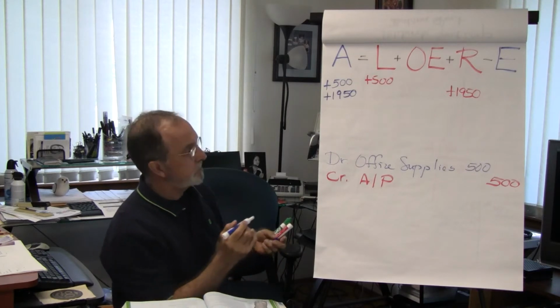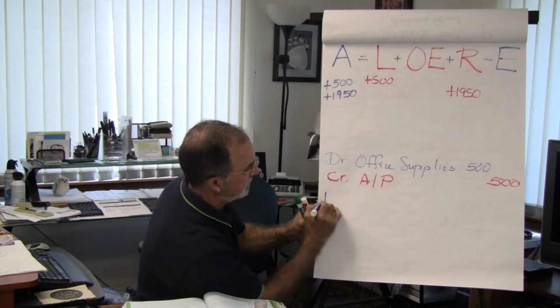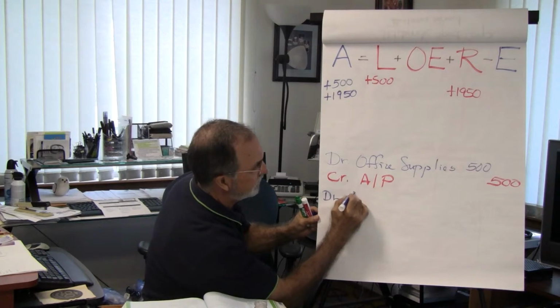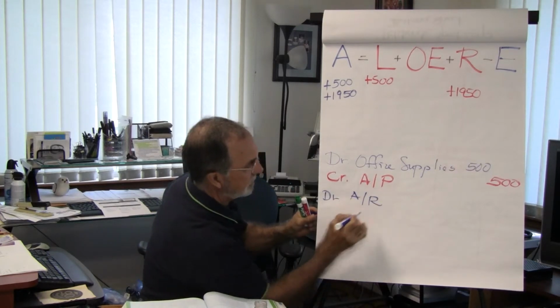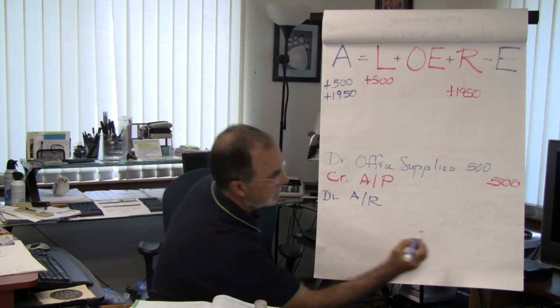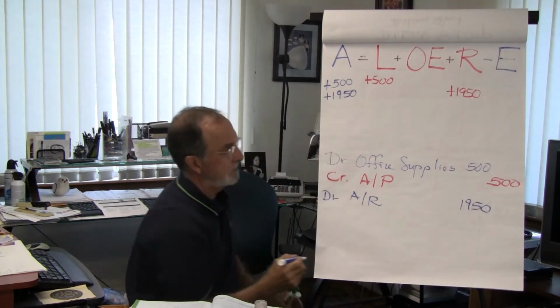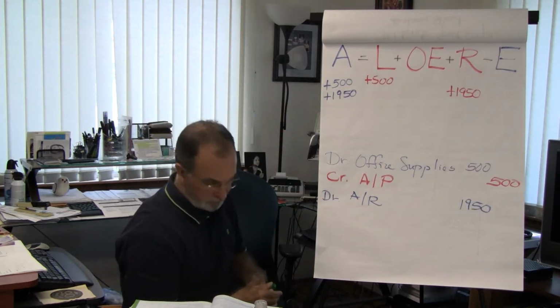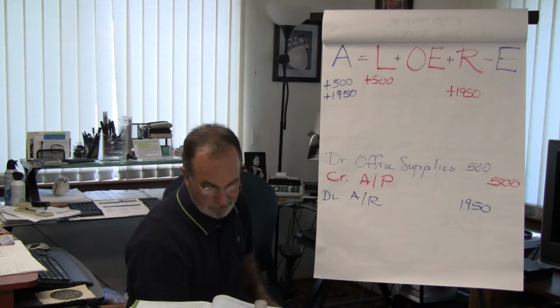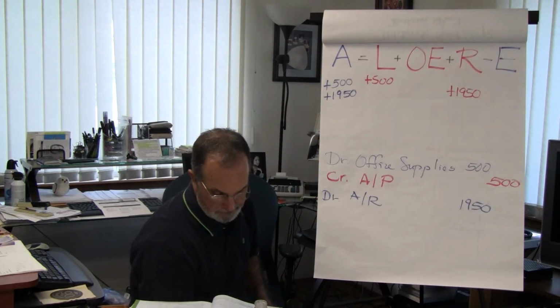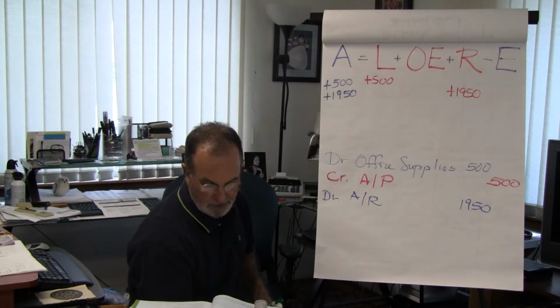And so our transaction would be journalized with a debit to accounts receivable, 1,950, and a credit to our sales revenue account, and not sure what we're going to call our sales revenue account.